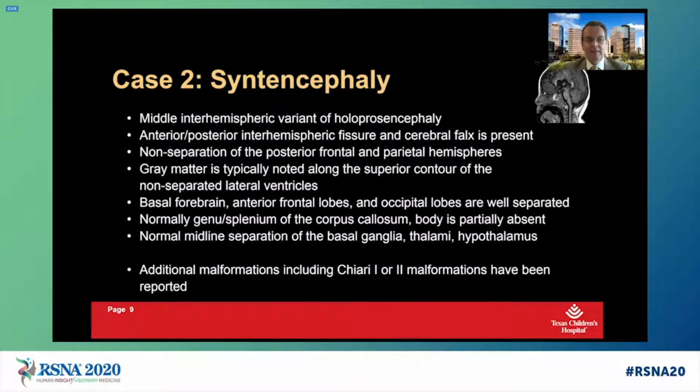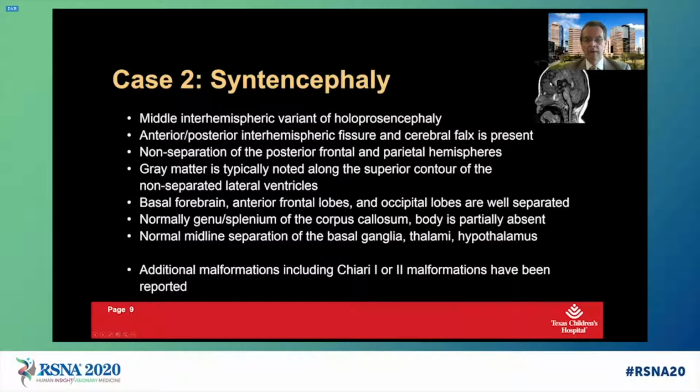This is a syntelencephaly, which is known as the middle interhemispheric variant of holoprosencephaly. The anterior and posterior interhemispheric fissure and the falx are present, but there's a non-separation of the most posterior frontal and the most anterior parietal hemispheres. And typically you will see gray matter along the superior contour of the non-separated mid part of the lateral ventricles.